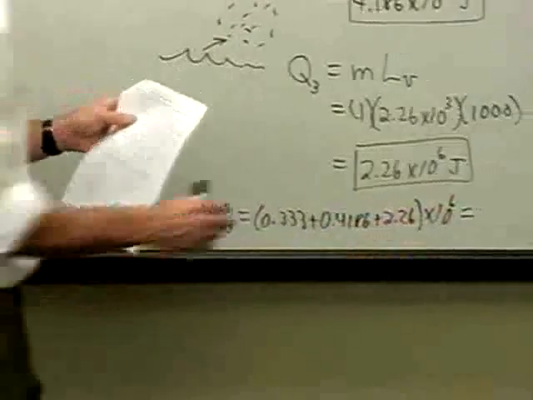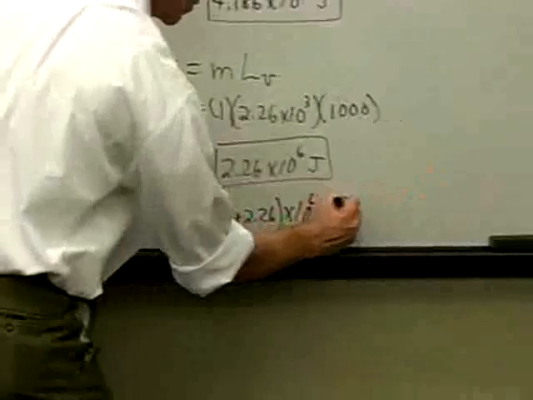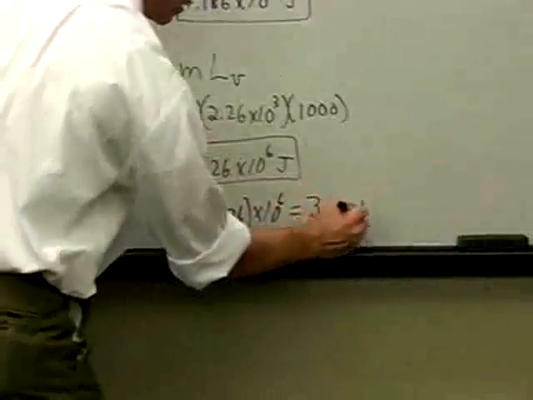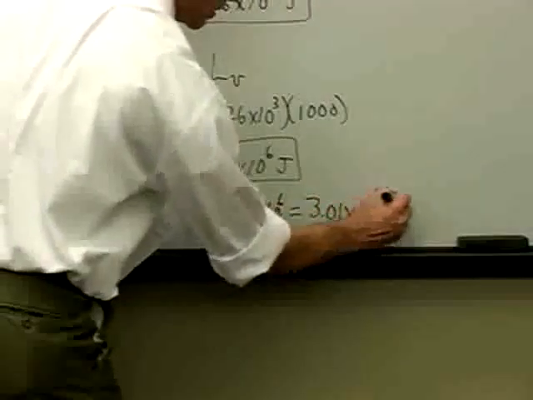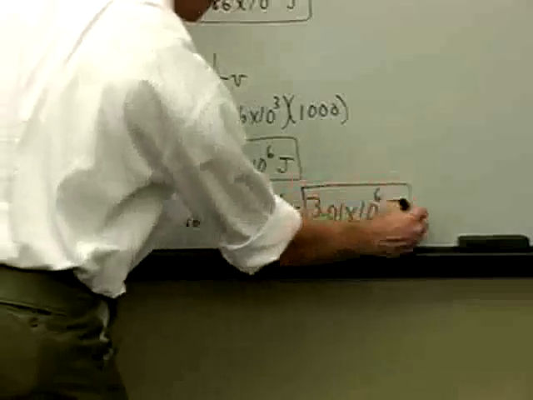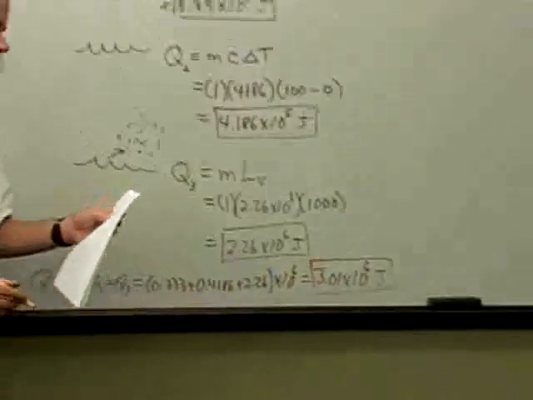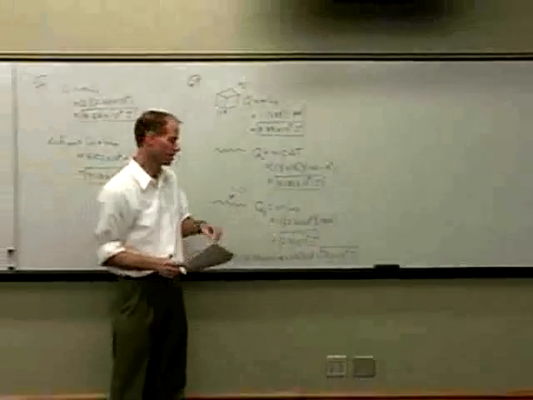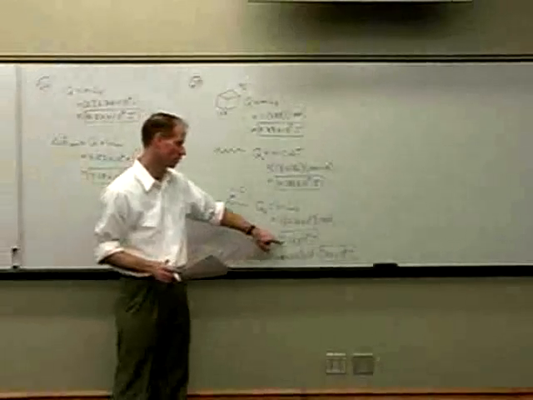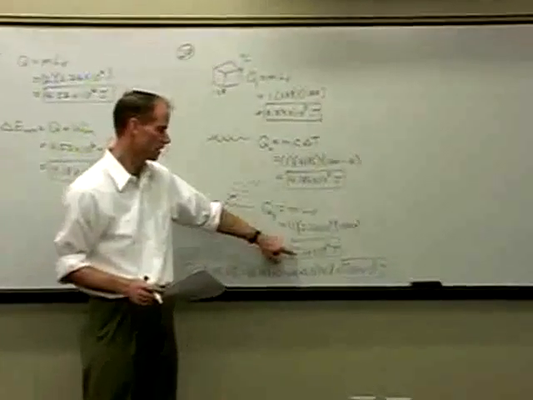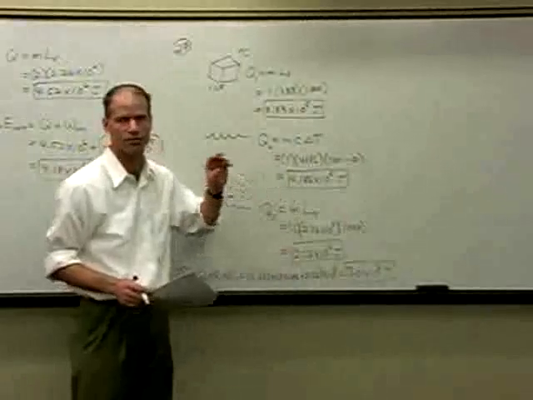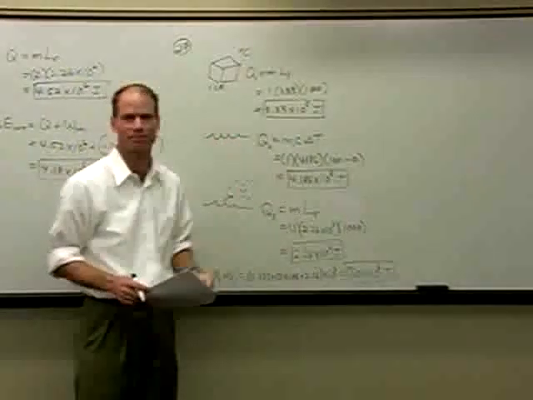And that is 3.01 times 10 to the 6 joules. That's the heat. Most of the heat required, more than 2/3 of it, is the heat required to actually change it from hot water into steam.